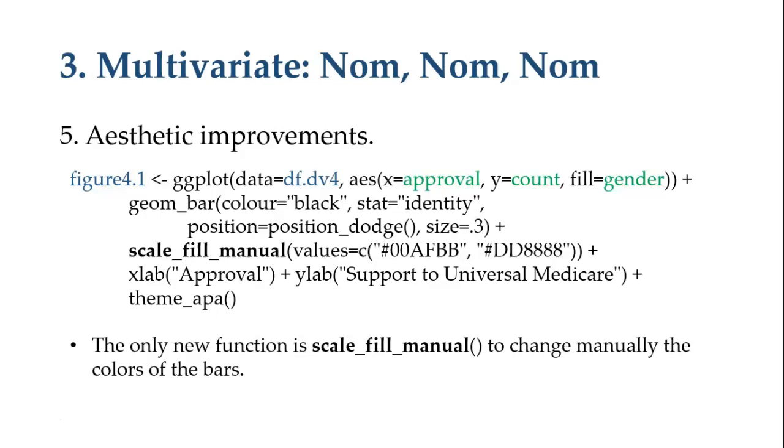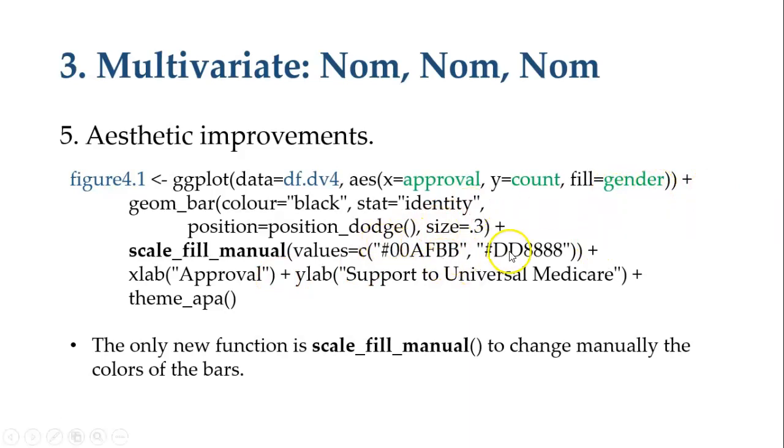Something that is important is that I don't know if it is necessary, but I think it's a good idea if you write here as many colors as categories you have in your control variable. Okay, for instance, in this case, you have two categories in gender, men and women, right?